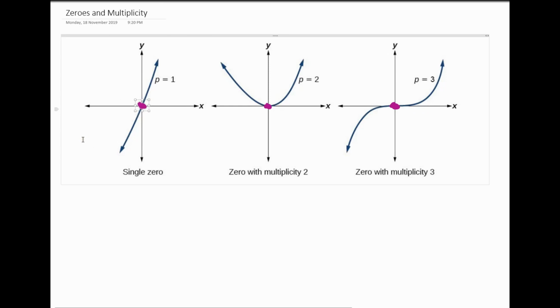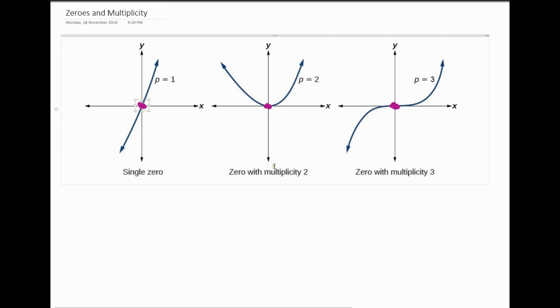If a zero has a multiplicity of 1, then the graph will just cross that particular zero. As you can see here, the line just crossed this particular zero.